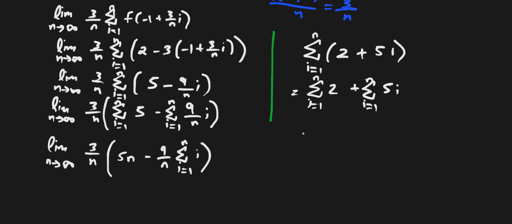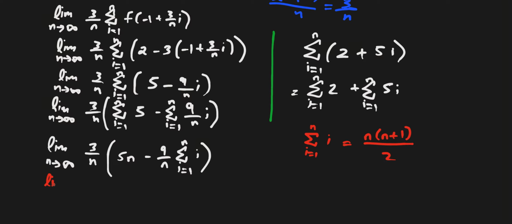So here we can use the formula that we know for summation. The summation from i equals 1 to n of i is just equal to n times n plus 1 over 2. Knowing this will help us. So we can just replace this with n times n plus 1 over 2.